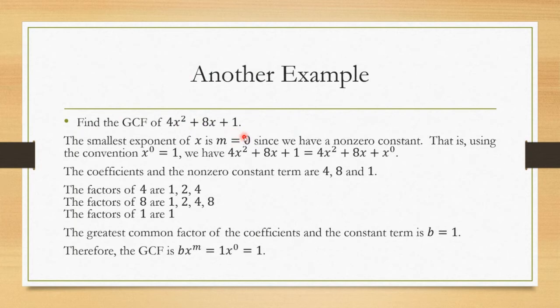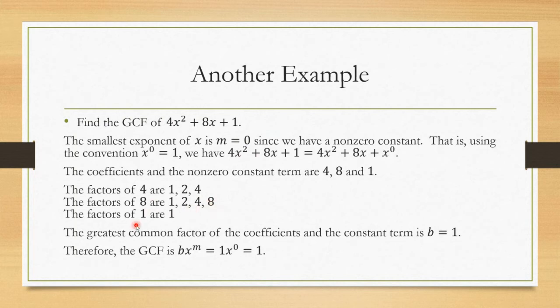Okay, what about b? What about the coefficients and the non-zero constant term? Well, we have 4, we have 8, we have 1. What are the factors of each of these? The factors of 4 are 1, 2, and 4. The factors of 8 are 1, 2, 4, and 8.